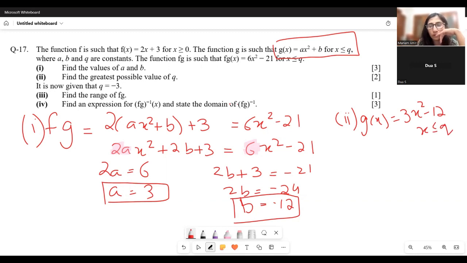Find the greatest possible value of q. Also, we know that in the domain of fg, x is less than or equal to q.